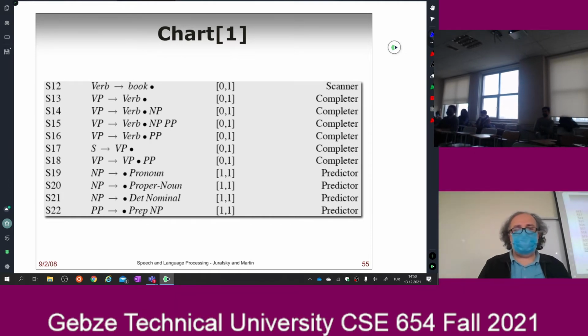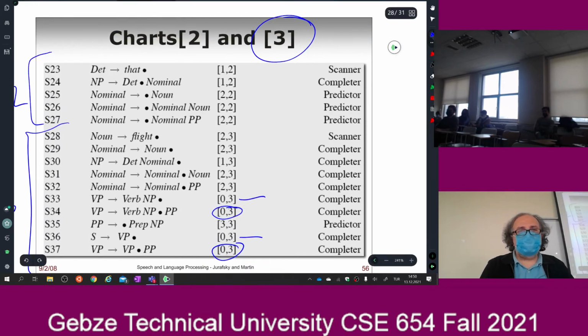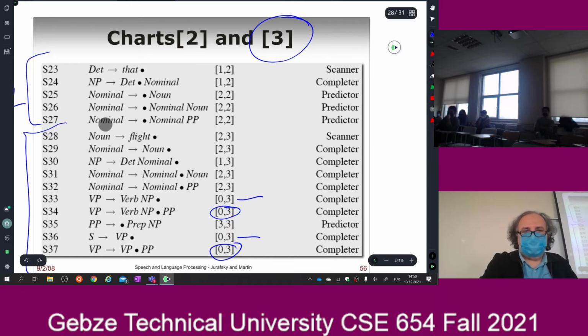Okay, and we continue and we read another word. When we read the other word, that, I scan this one, I completed this determiner, and now I'm going to predict this nominal, right? I am going to predict this nominal and this nominal and this nominal. These are all predicted.